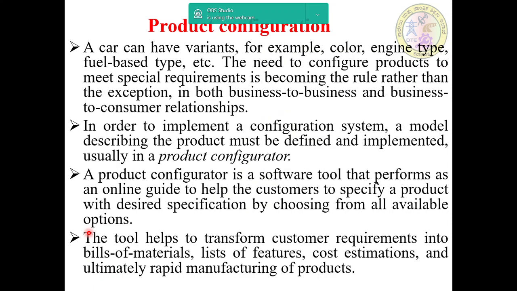Or another example, a car can have variants, for example, color and then engine type, fuel type, etc. The need to configure products to meet special requirements is becoming the rule rather than the exception in both business to business and business to consumer relationships.